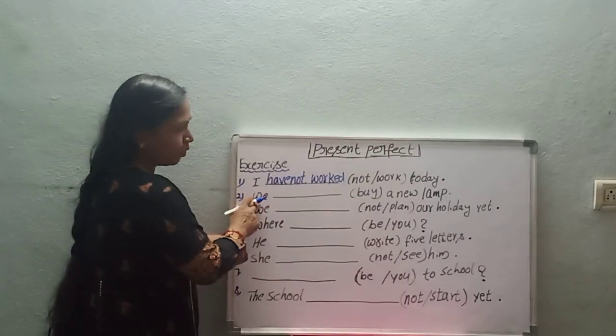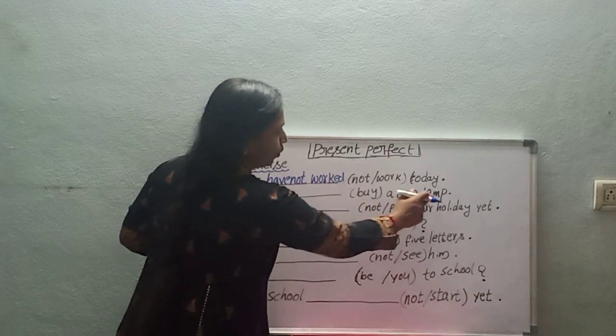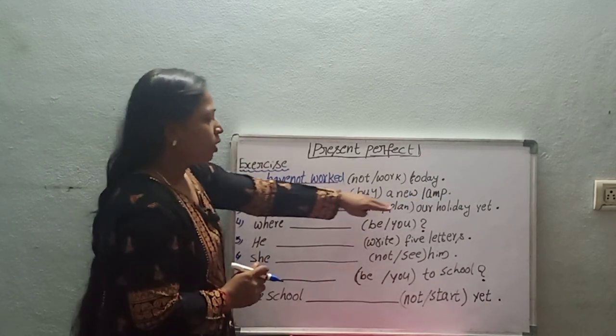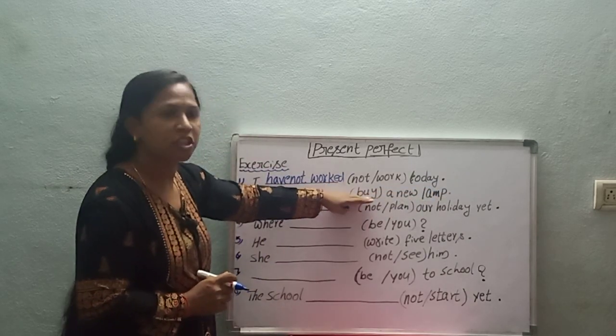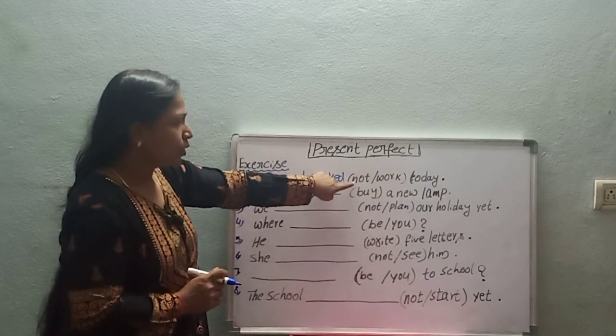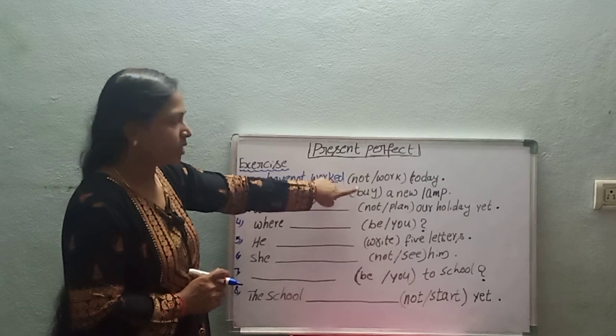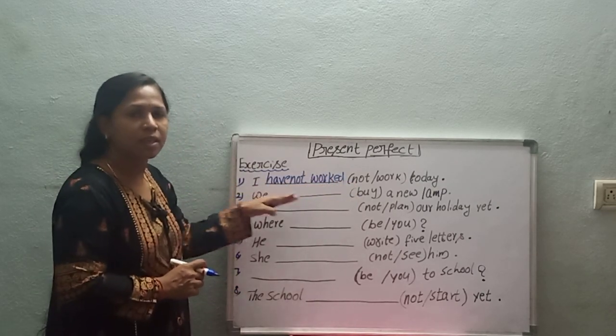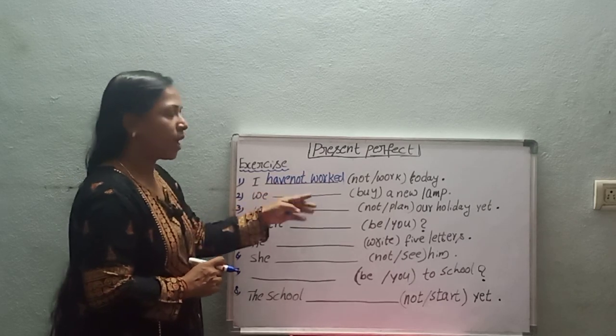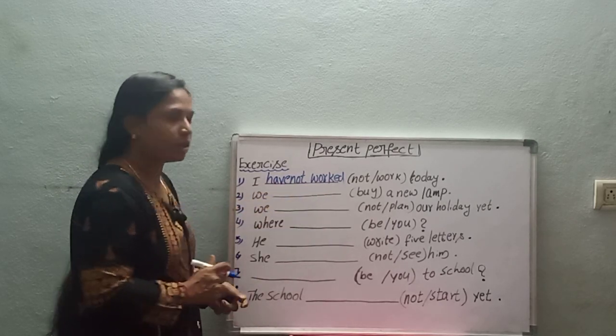Next, "We buy a new lamp." There is a full stop at the end of the sentence, so this is a positive sentence. What is the structure of a positive sentence? Subject, has or have, plus the third form of the verb.